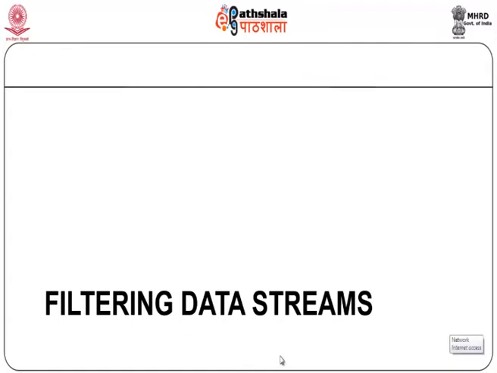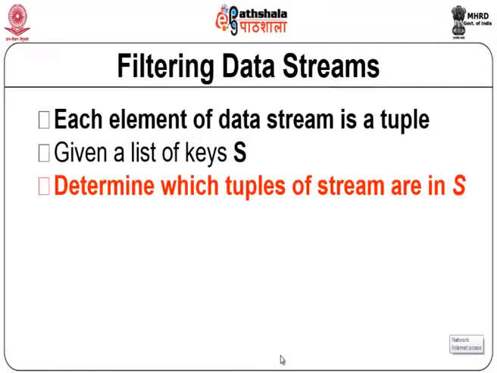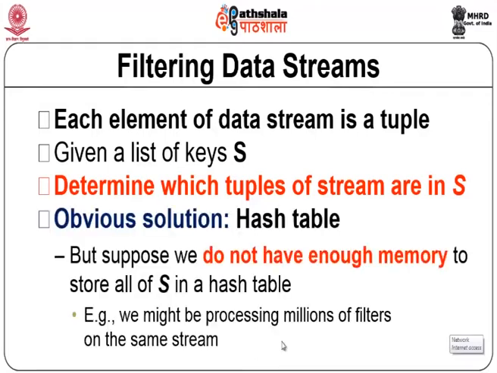Let us now discuss in detail filtering data streams. Suppose you have a data stream, and assume the data stream has various elements and every element is defined as a tuple. We also have a list of keys which is defined by the notation S. Now, from the given S, we have to identify which tuples of the stream are in S. One simple solution for this is to make use of a hash table.